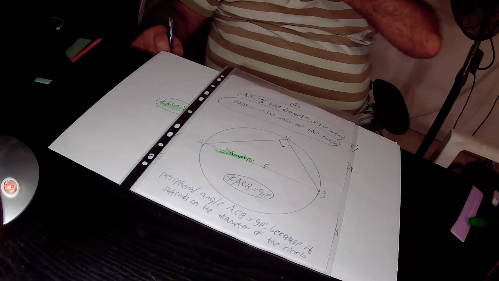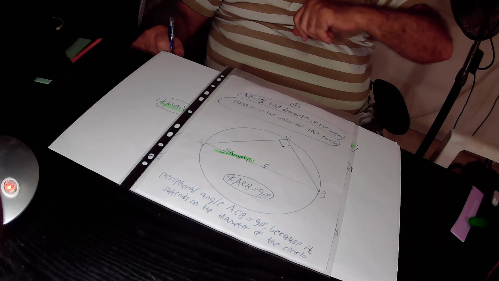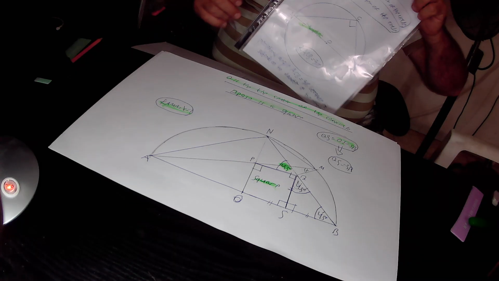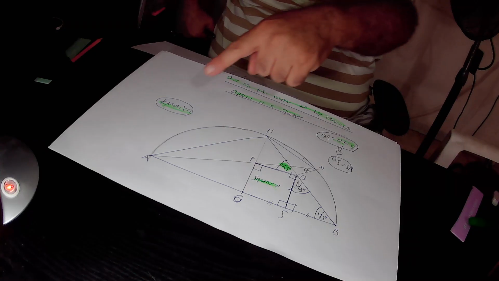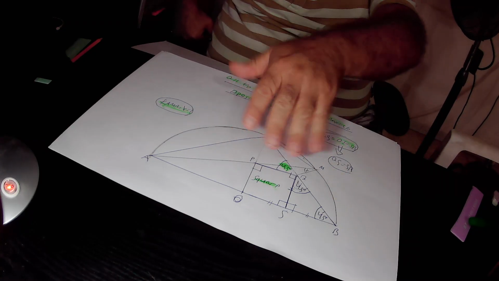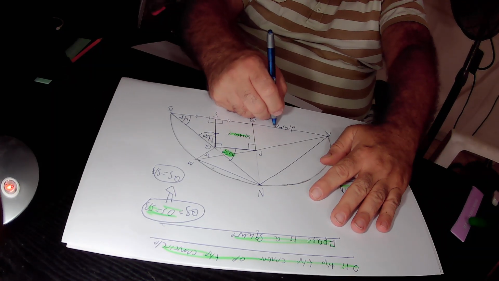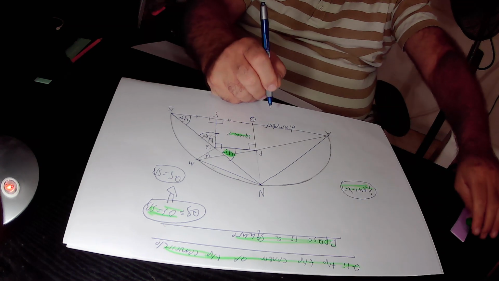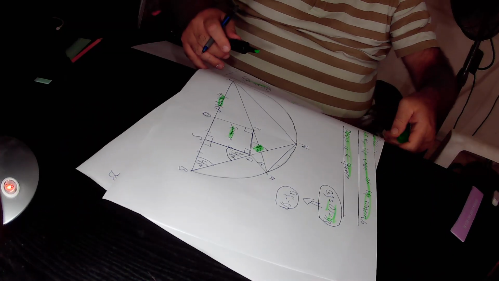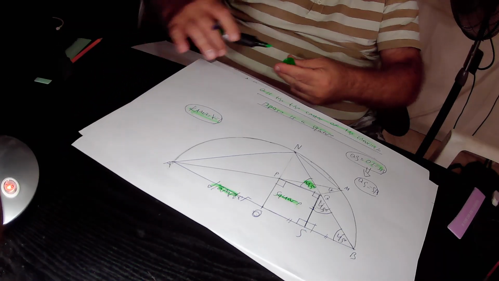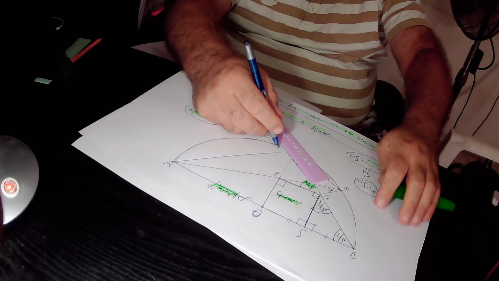According to rule 7, angle ACB must be equal to 90 degrees because it subtends on the diameter of the circle. We can implement rule 7 in our drawing, because we have angle ANB that subtends on AB, the diameter of this semicircle. Therefore, according to rule 7, angle ANB must be equal to 90 degrees in its size.